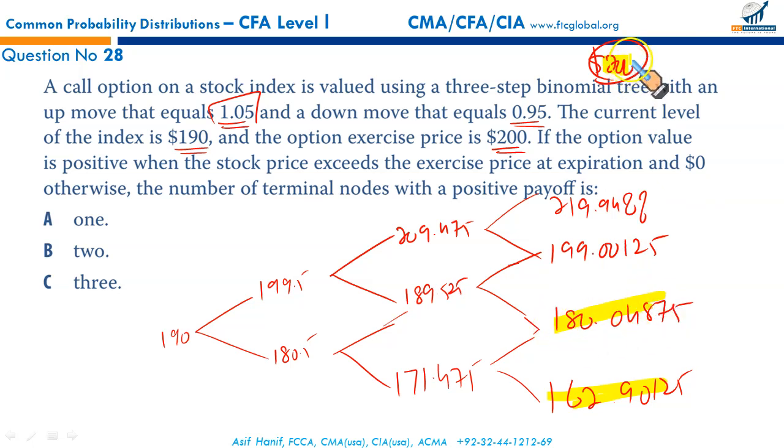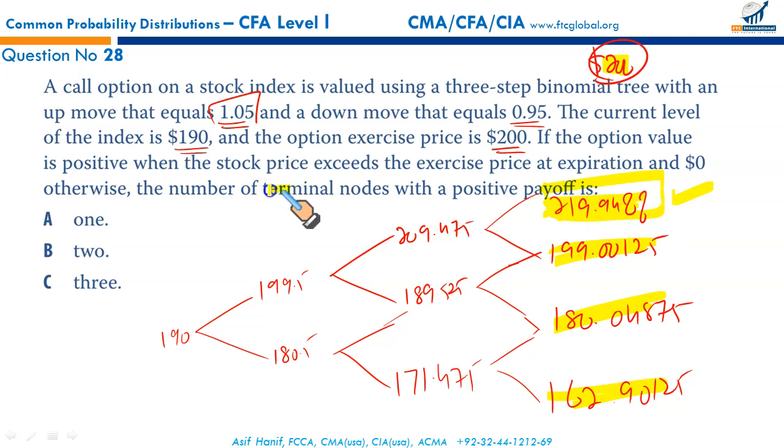When you hold a call option at $200 exercise price and the market price is 199, you go to the market and throw the option away. It's only in this situation where your call option at exercise price of $200 is valuable, has a positive payoff, because you get a share by paying $200, a share that is currently trading at 219.94. This is the only node where there is a positive payoff.